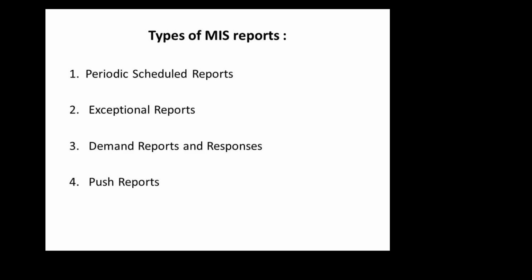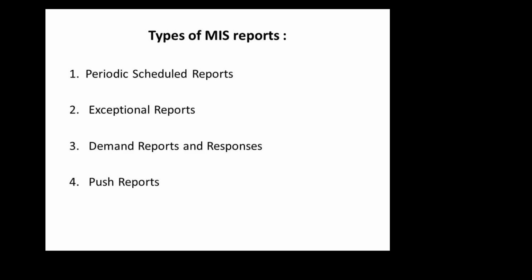Next, the second one, exceptional reports. Exceptional reports are just the opposite of the first report, which is the periodic report. They are not produced periodically or at a regular interval, but are prepared and generated in exceptional situations.